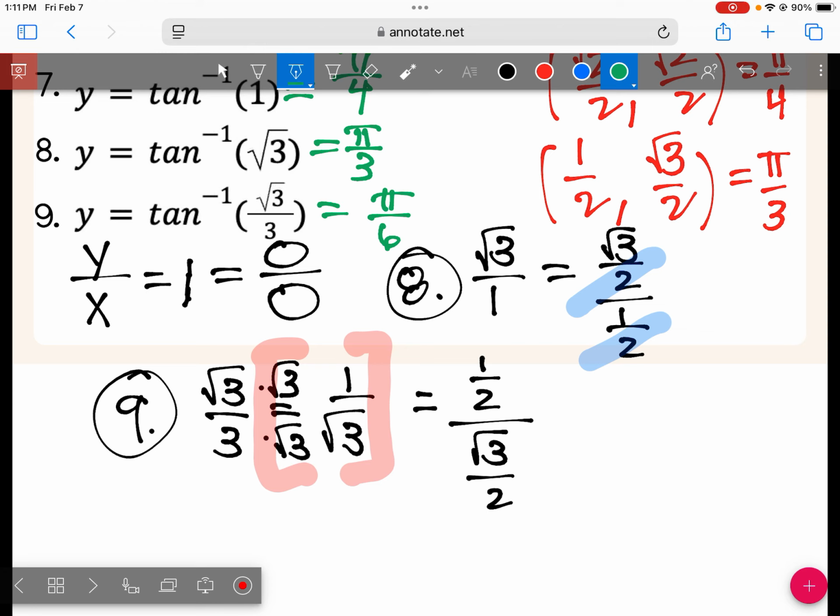Okay. So yesterday it was clicking because we could just literally go right to the unit circle and it was just right there. The problem with tangent is that it's a fraction. So you have to do some work, which means that you have to figure out where you came from in order to figure out where you are. So there's a little bit more effort involved in these type of problems.